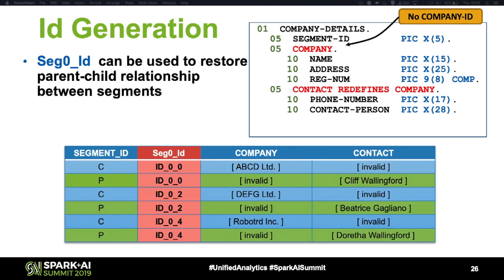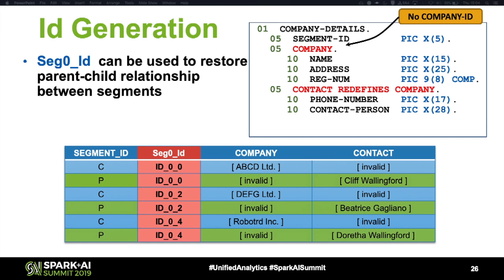So when you do this, you'll end up with a data frame that looks exactly like in the previous example. And this seg0 ID field is a generated one. It has exactly the same semantics as company ID, so you can do all of the splitting and joining afterwards.